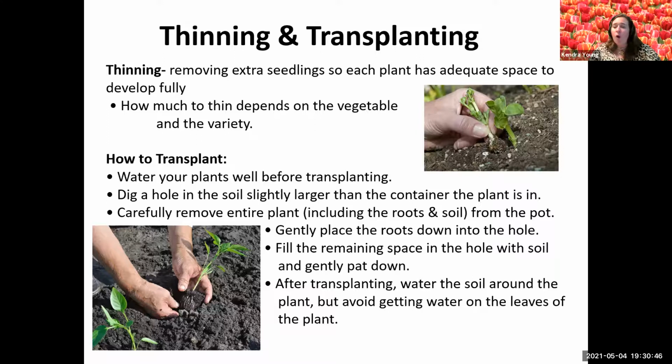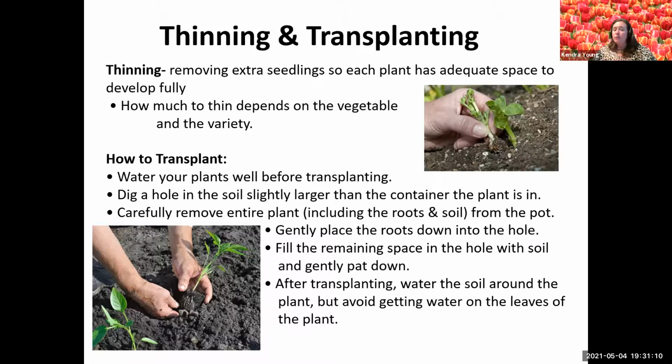Dig a hole slightly larger than the container that you just took the plant out of. Remove the entire plant and then loosen the root system, because it may be tied up in a ball. You want to loosen those roots so they can spread out in the bigger hole you dug.